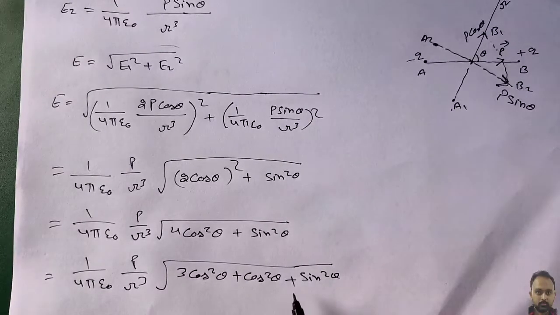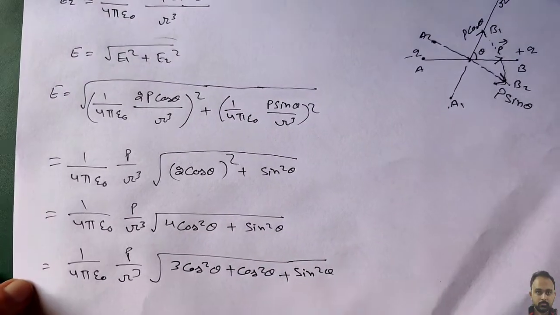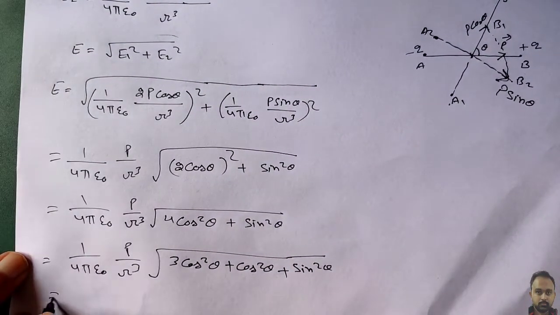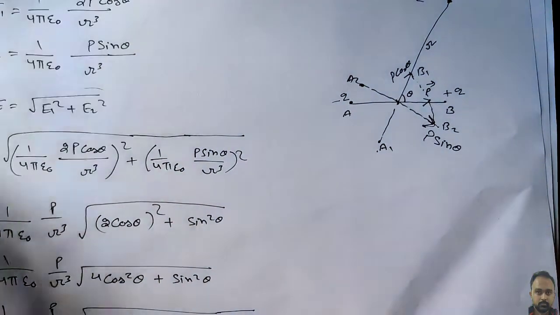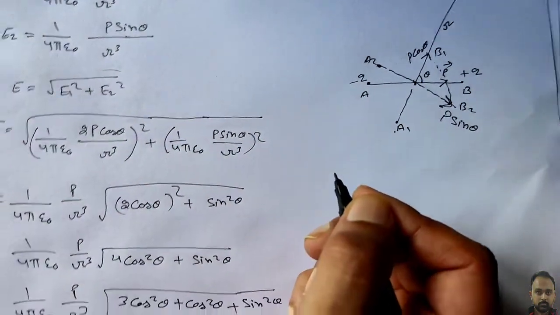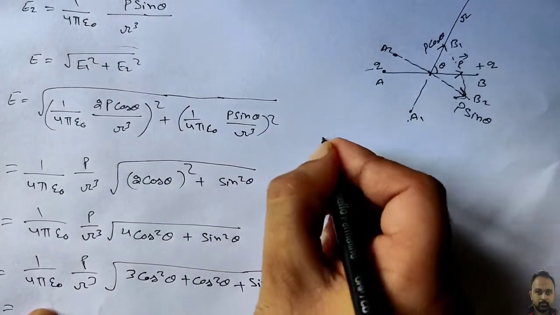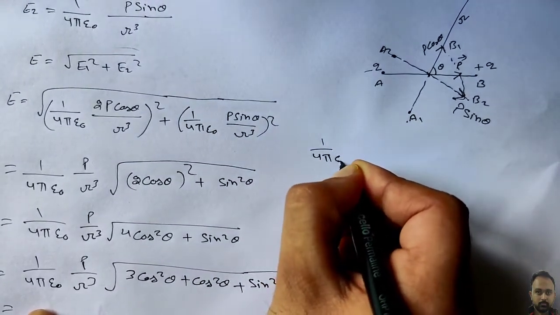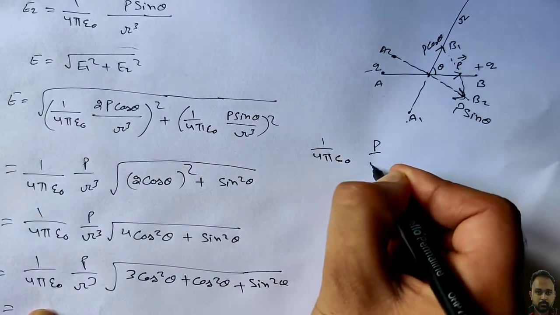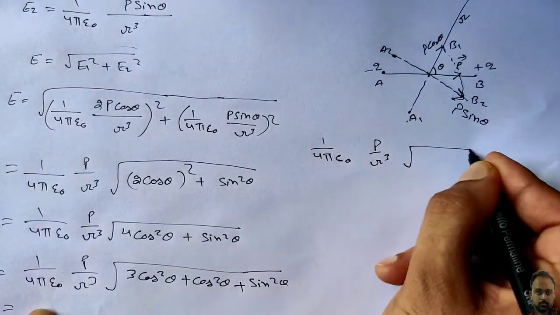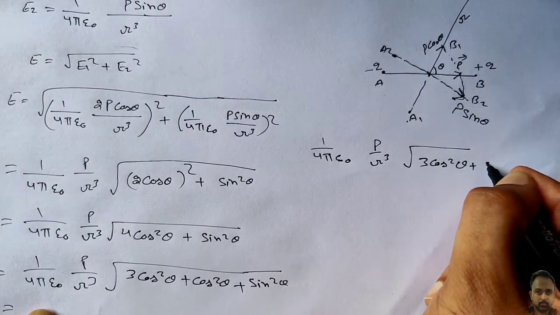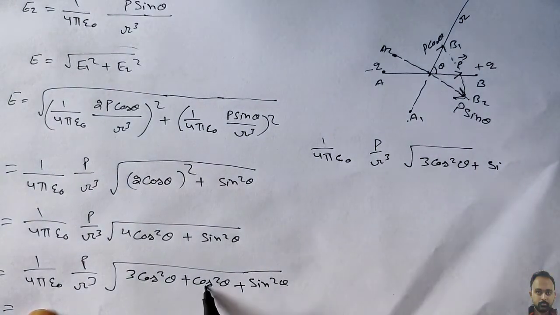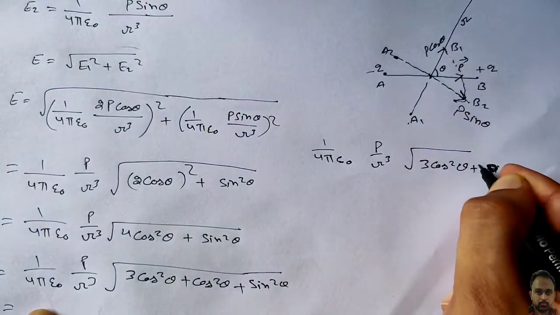Now we can write this sine square theta plus cos square theta as 1, so I'm writing this step as 1 over 4 pi epsilon naught p over r cube under root 3 cos square theta plus this sine square theta plus cos square theta, which is now 1.